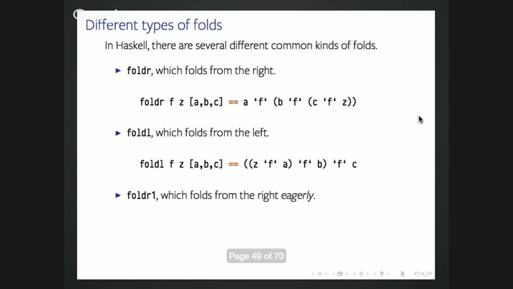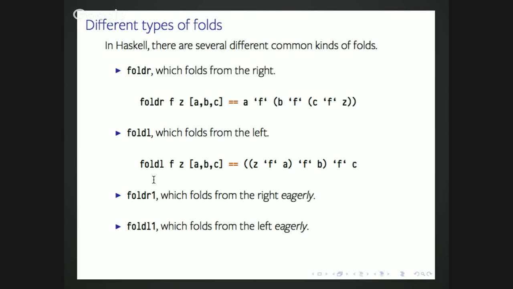And then there's also foldr1, which folds from the right eagerly. So these first two functions are lazy functions, which are the standard for Haskell. foldr1 is an eager function, so it will not produce any thunks. It will not basically say, I'll only acquire values from the fold as I need them. When it gets called, it will just evaluate the entire fold without pausing at any intermediate values.